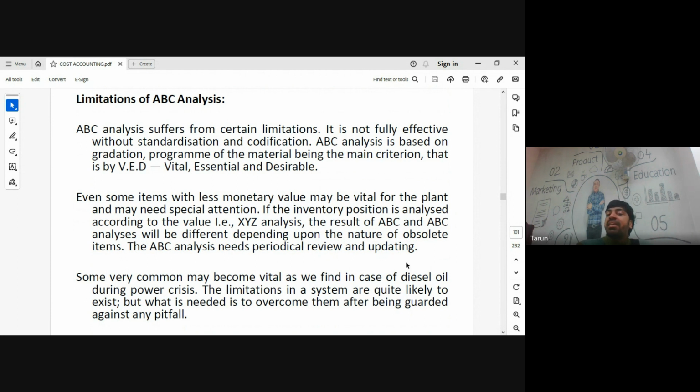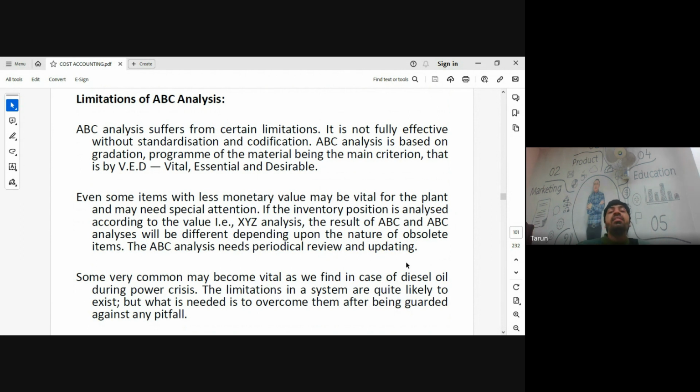But ABC analysis will not analyze such items, because ABC analysis always analyzes items based on certain criteria, and according to that it will classify them.